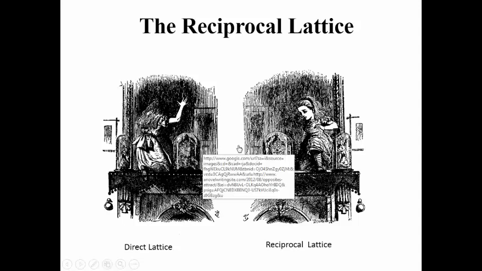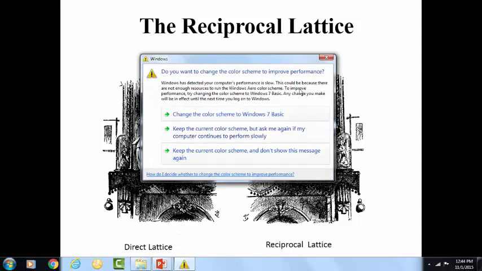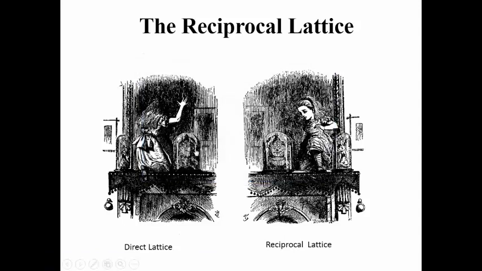complements the direct lattice. Just as Alice starts out in the direct space or the real world, and she goes into the world behind the mirror, which in our case is somewhat similar to the reciprocal lattice.